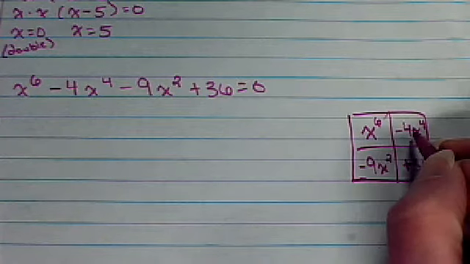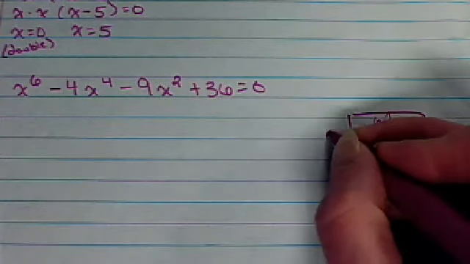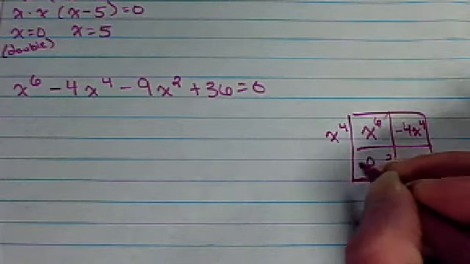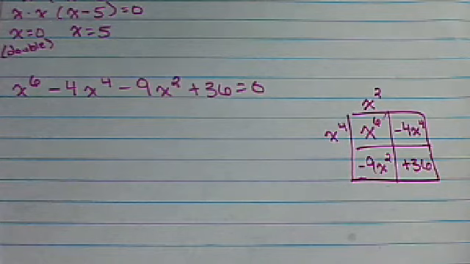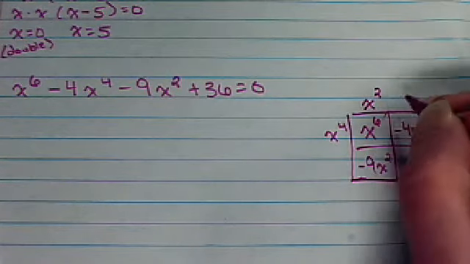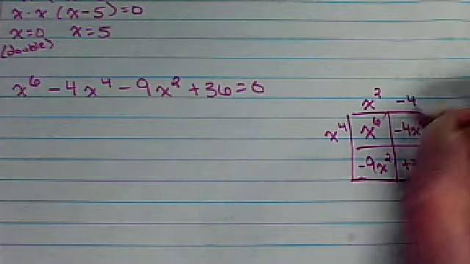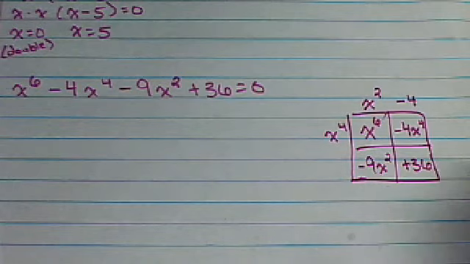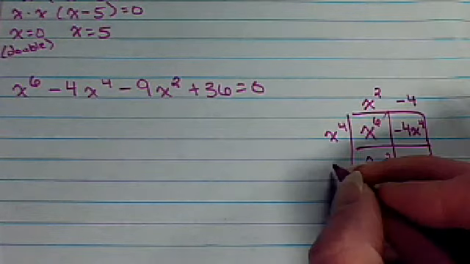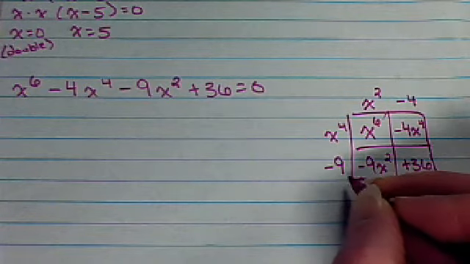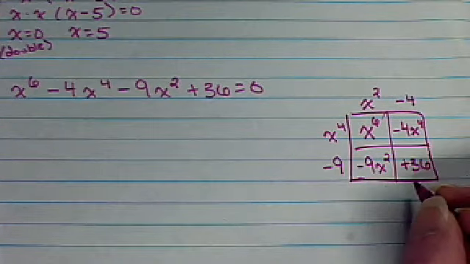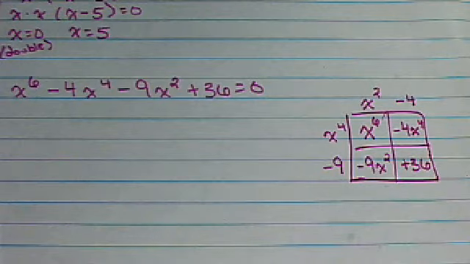Between x to the 6th and negative 4x to the 4th, we have x to the 4th. X to the 4th times x squared gives me x to the 6th. X to the 4th times negative 4 gives me negative 4x to the 4th. X squared times negative 9 gives me negative 9x squared. And negative 9 times negative 4 gives me 36.